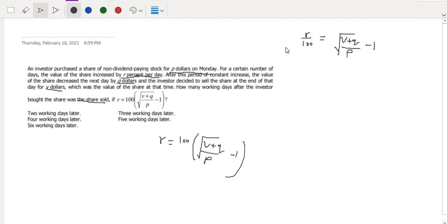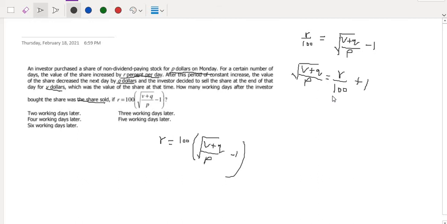Now again I can take this minus 1 to the other side. So V plus Q divided by P is equal to R by 100 plus 1.